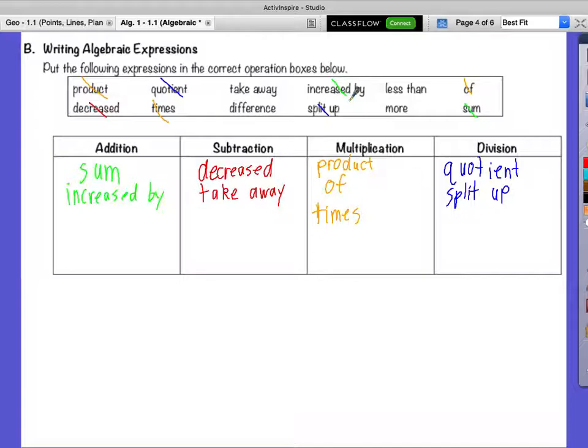Presley? Yep, more would be addition. 6 more than, 6 plus something. Okay, Dylan? Less than would be subtraction.